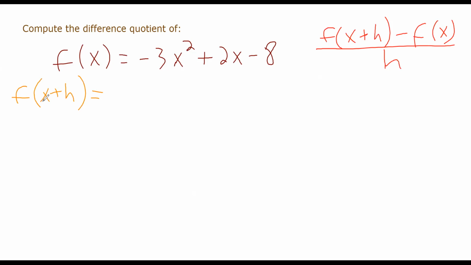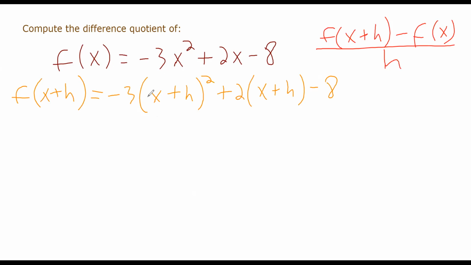We're going to plug x plus h into, and so this is a great question over function composition. We're going to put this in for the variable everywhere we see it. And now what we want to do is simplify that as much as we can.